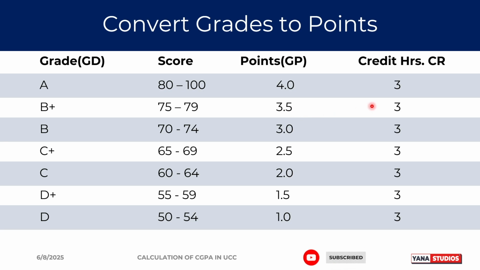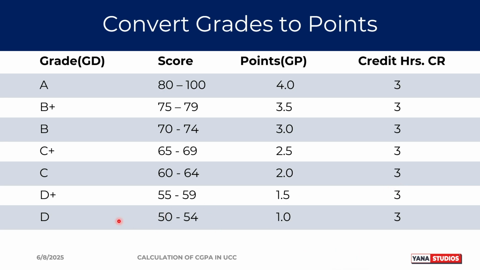Then we have one important thing that you will be needing, that's the credit hours, which also affect your grade point. Whatever course you are taking has some credit hours allocated to it, either 1, 2, or 3. That's the maximum, right?